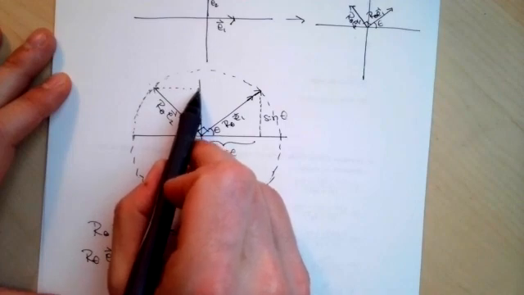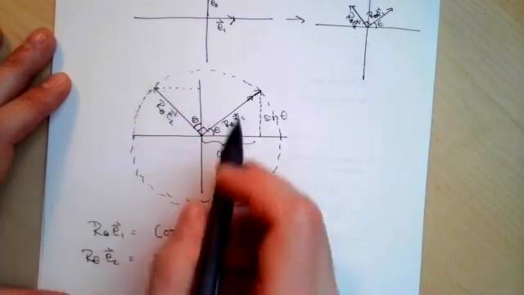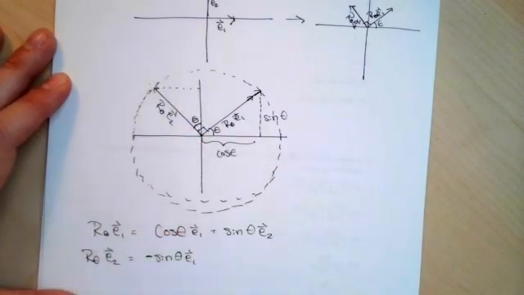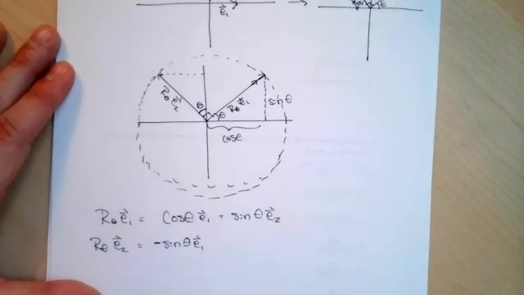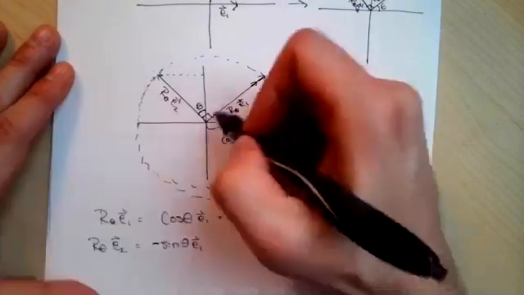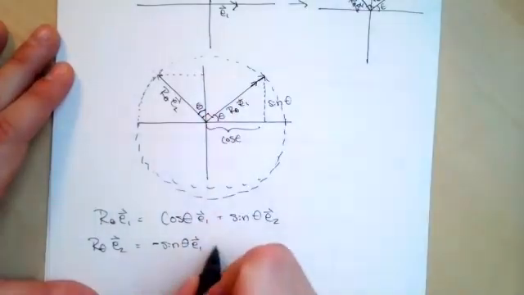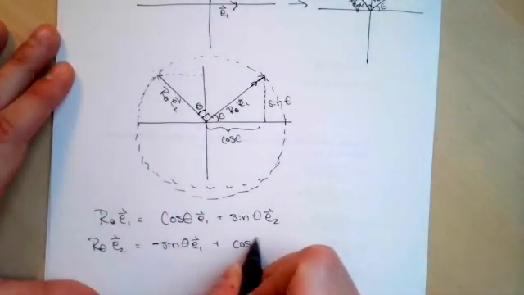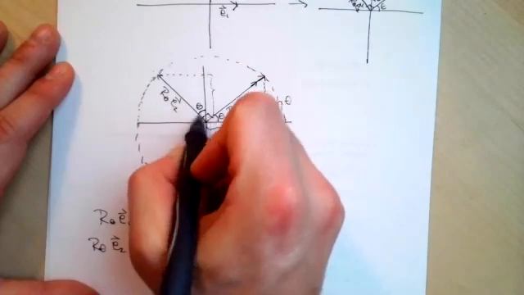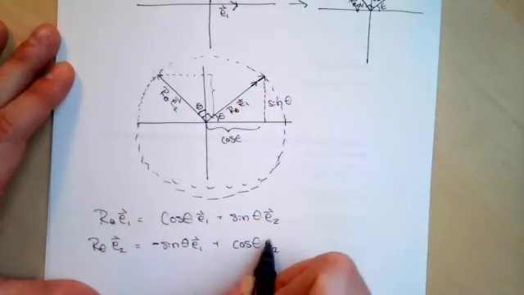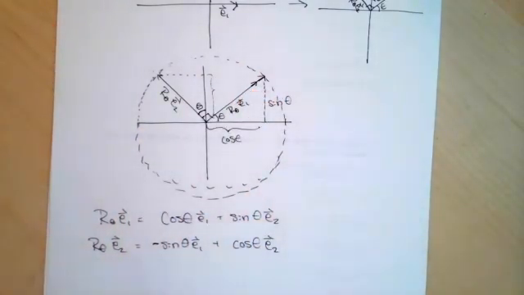However, since we started vertically, we're now going in the negative direction. So we need a minus sign there. The vertical component, though, is going to be cosine of theta. So that might be like our first guess.